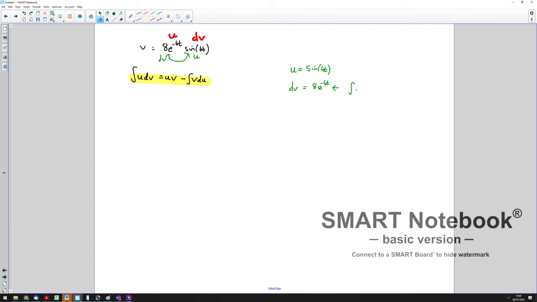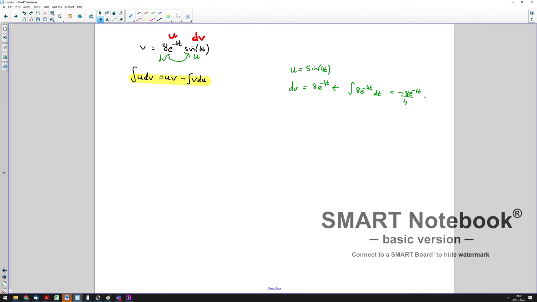So the integral of 8 e to the minus 4t dt is equal to minus 8 over minus 4, or minus 8 over 4 e to the minus 4t.